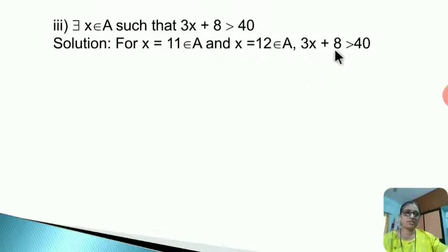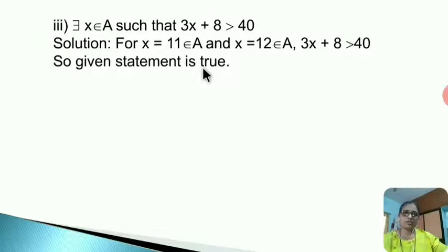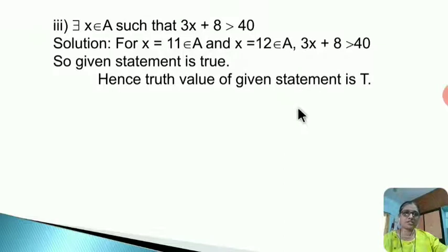Now 36 plus 8 is what? It is 44, and that 44 is greater than 40, and therefore for these two values in the set A, the equation gets satisfied. And so the given statement is true. And hence the truth value of the given statement is capital T.